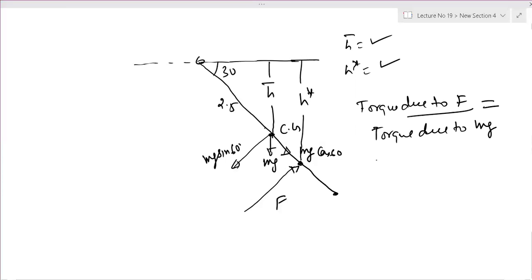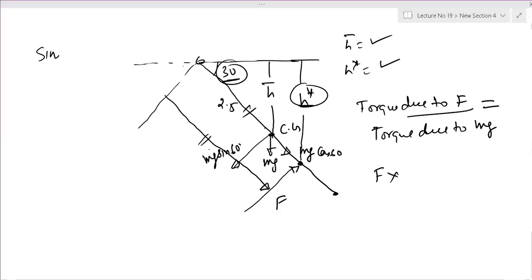So torque due to F is F into the perpendicular distance of F. This you can calculate because h star you know and the angle you know.